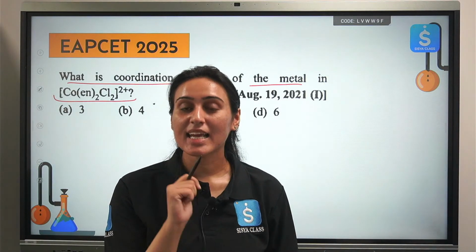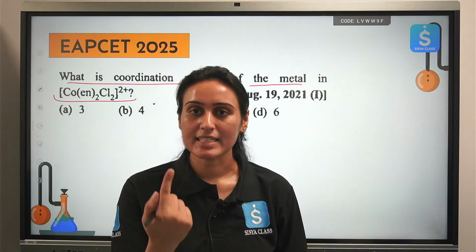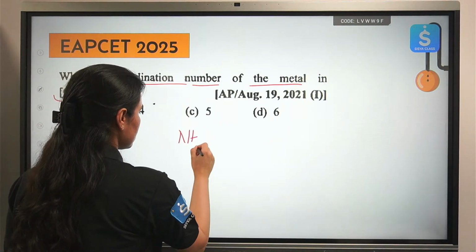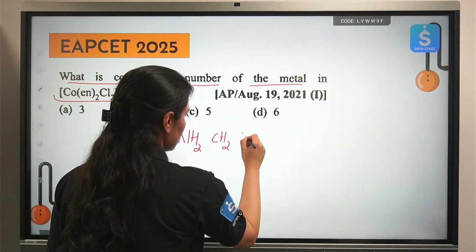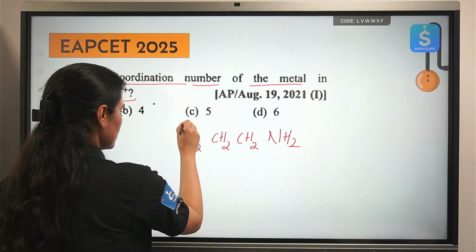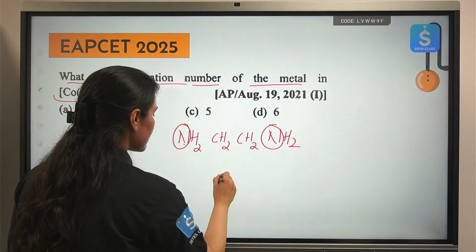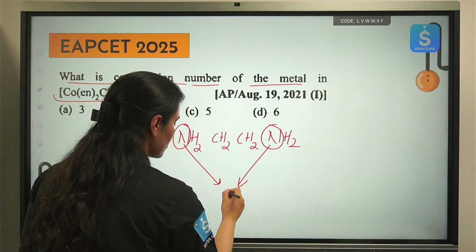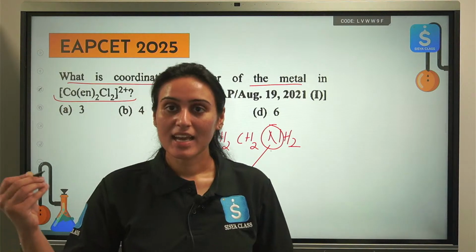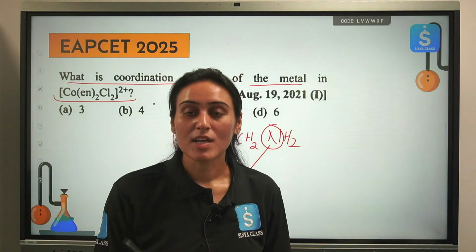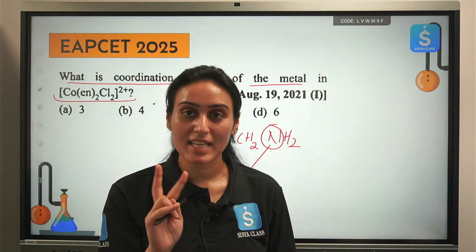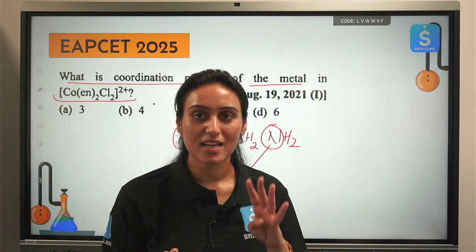blunder. Ethylene diamine is a bidentate ligand. This is ethylene diamine, everyone. So it has 2 donor atoms which are linked to your central metal atom. So one such ethylene diamine ligand is bonded to your central atom through 2 donor atoms. I have 2 such ethylene diamine ligands, right? So how many donor atoms are there? 4.